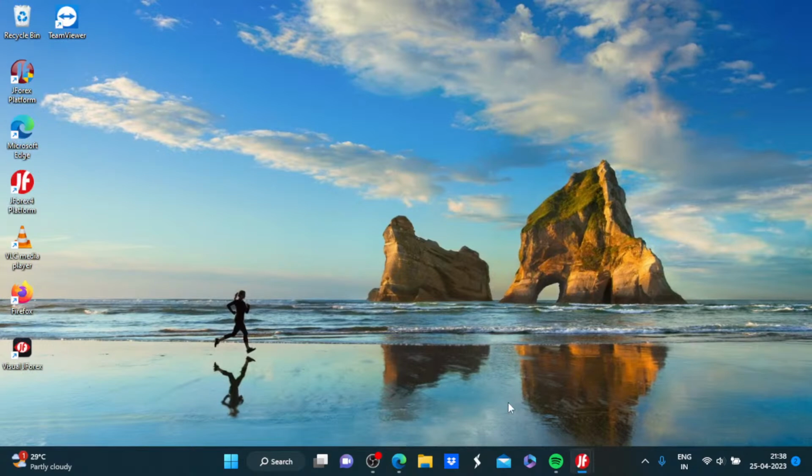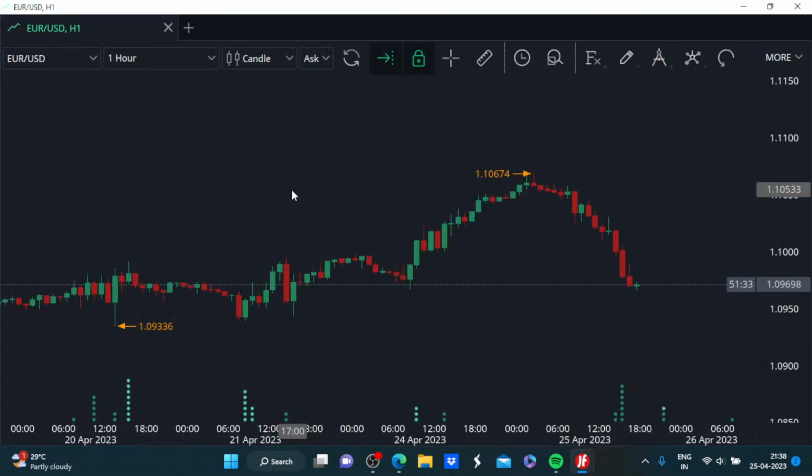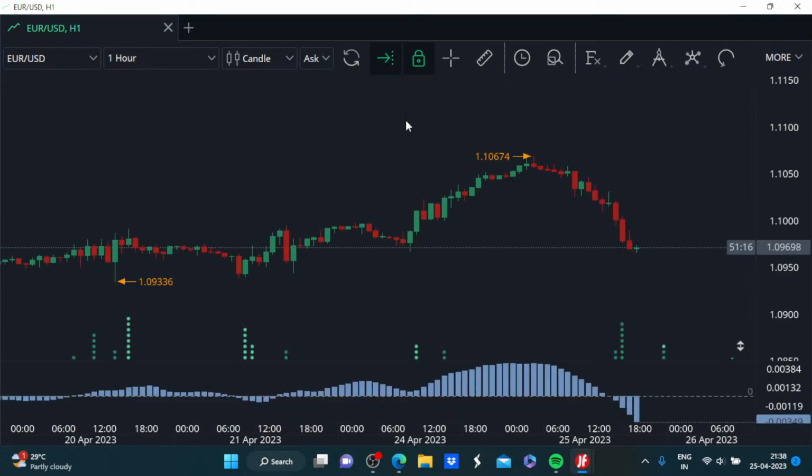There is the EUR/USD chart with each candle period defined as hourly. Let me add this indicator, Elliott Oscillator. Here it comes. Okay.